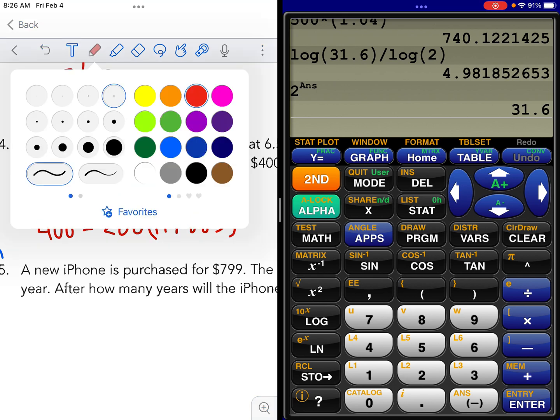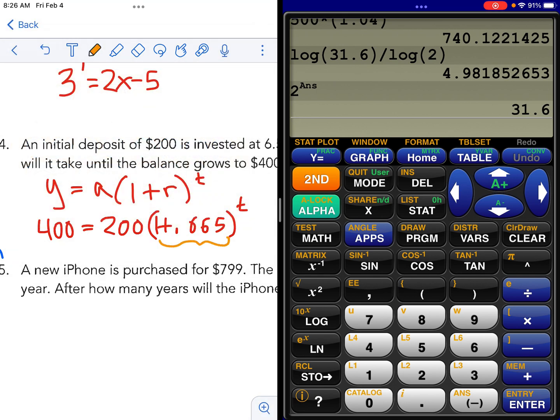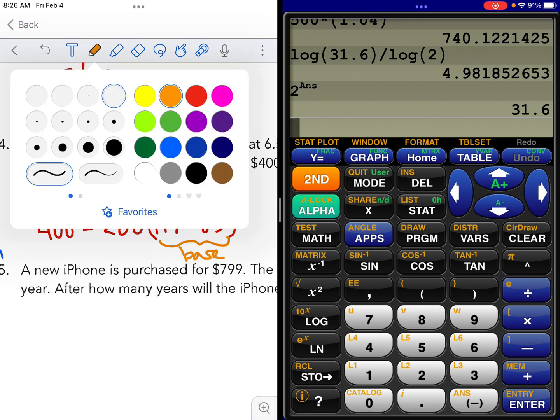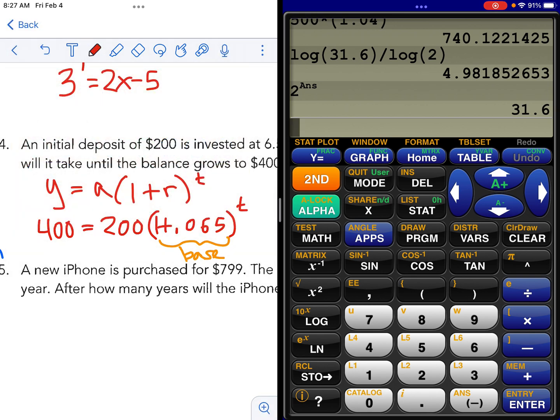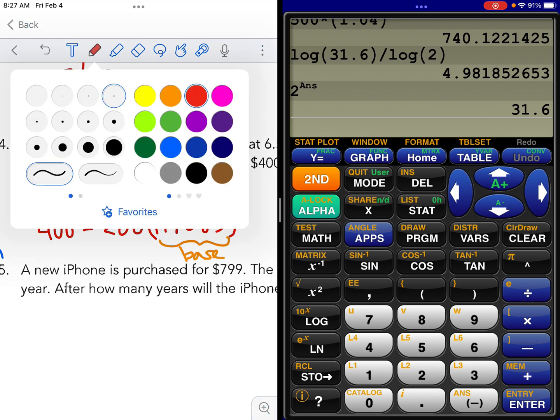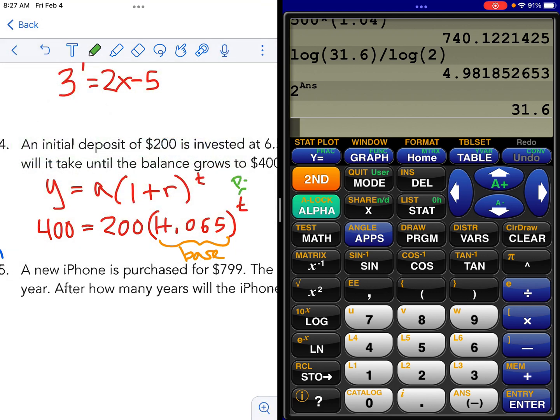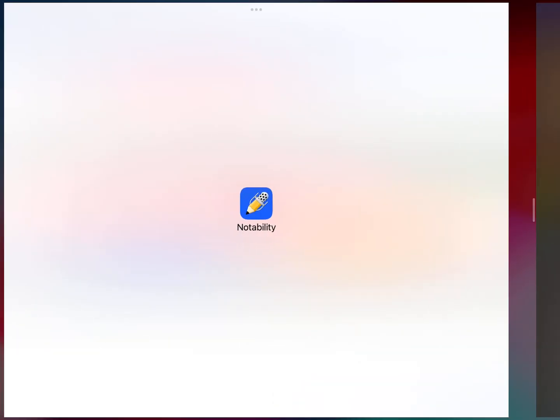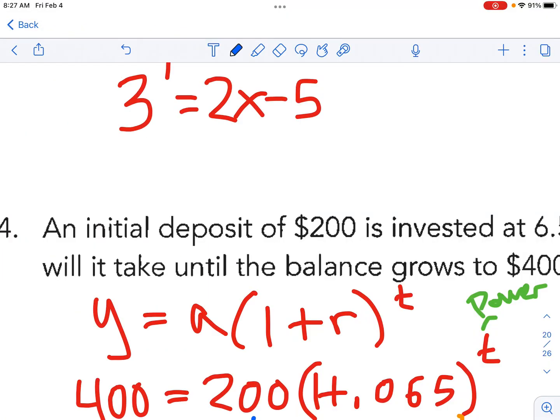And so in order to do a solution like this, let's go back to the color coding. This is the base, this whole thing, the 1.065. And of course, this is the power here. And so I need my answer. My answer is going to be dividing out the 200 first. So we actually have to do that as a first step.